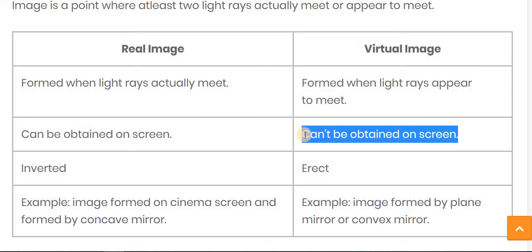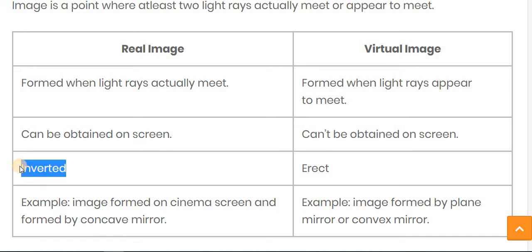The real image is always inverted, whereas the virtual image is found erect.